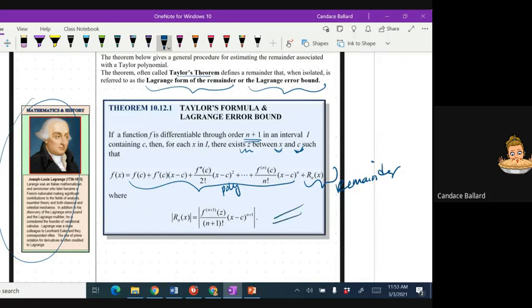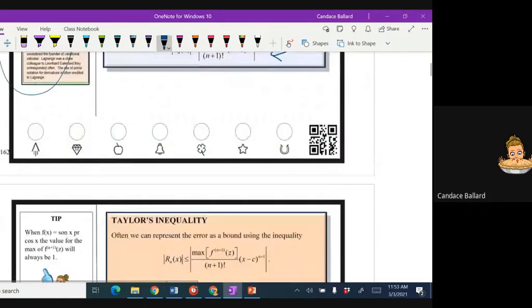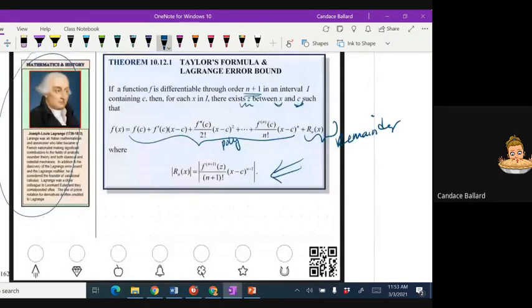To find the remainder, okay, and there's another version of it down here in this Taylor's inequality thing. We have to take one term beyond, okay? We find the maximum value of that one term beyond. That's going to make more sense in a minute, okay? And then we divide by the factorial of one term beyond.